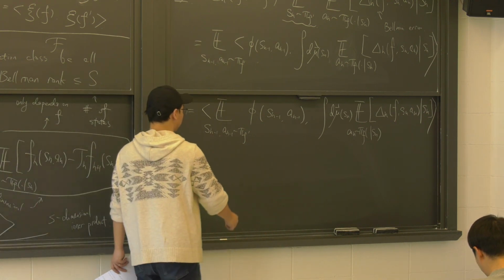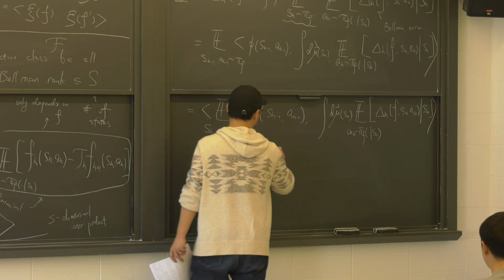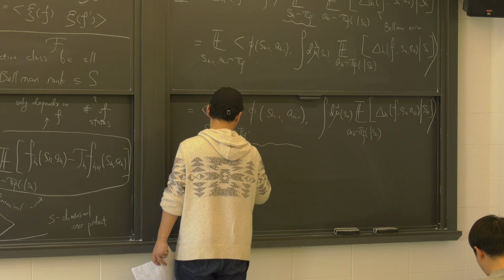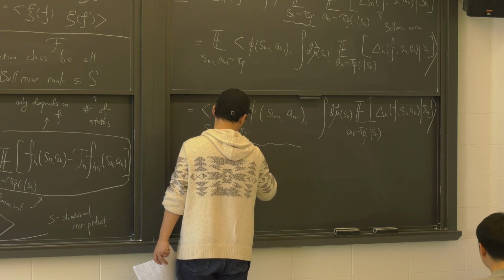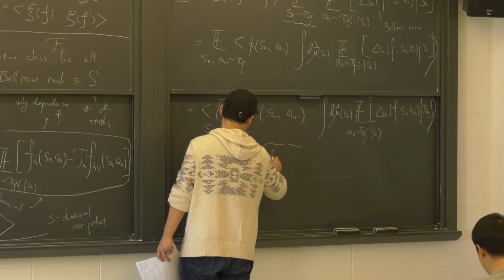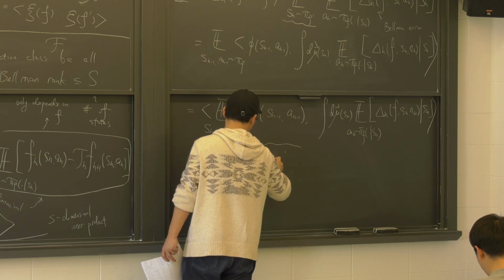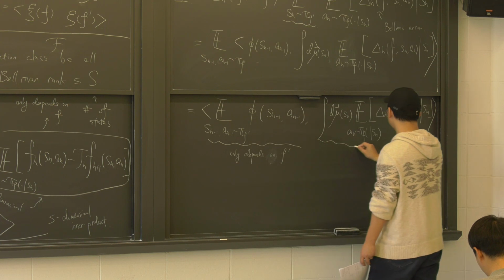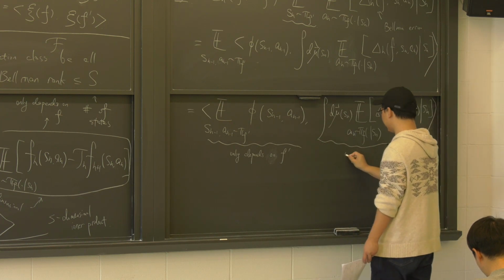Now we again arrive at this form where the left side of the inner product only depends on f prime, and the right-hand side of the inner product only depends on f.